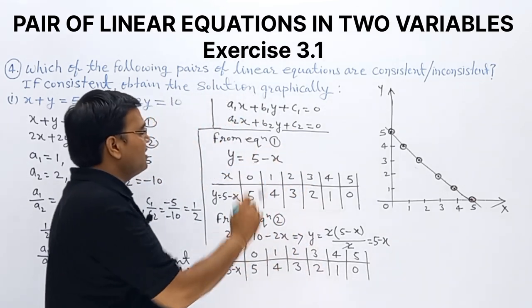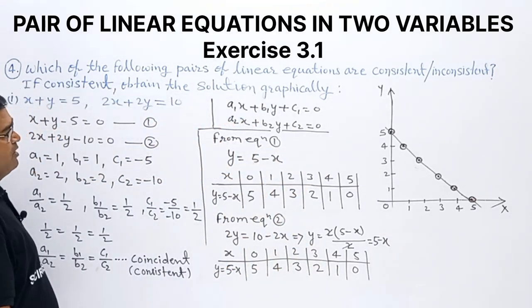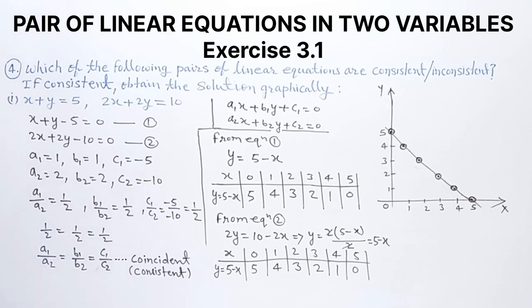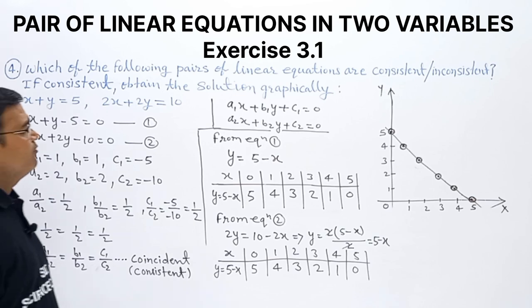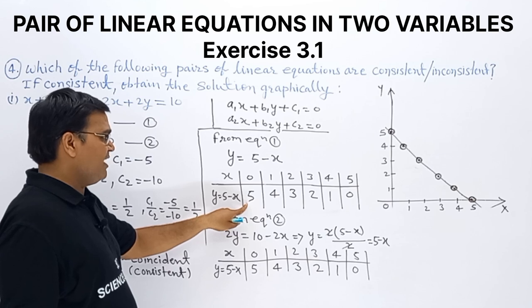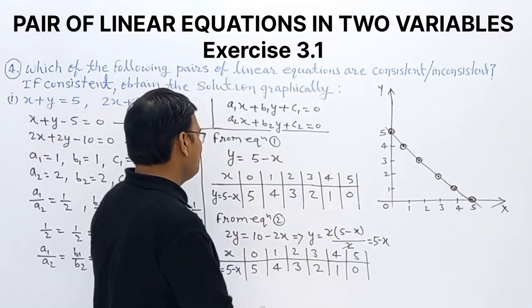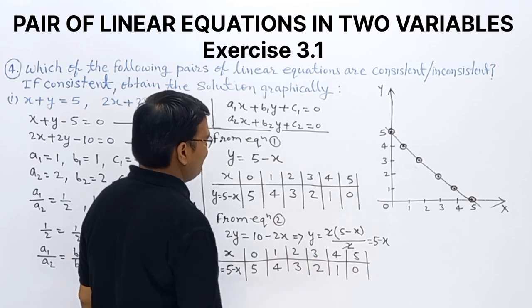So we are getting a graph like this. What will be the points or solution of these equations? When x equals 0, y equals 5, and x equals 5, y equals 0. These 2 points are common. Clear? All points are common.